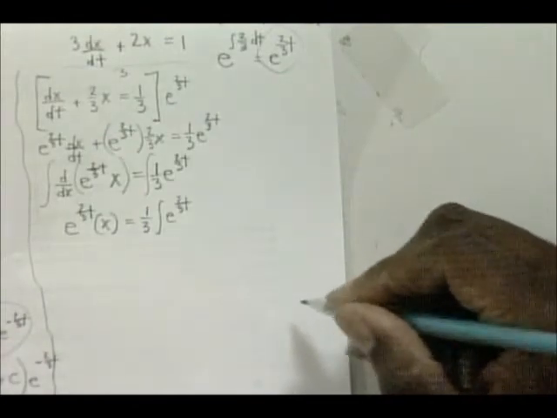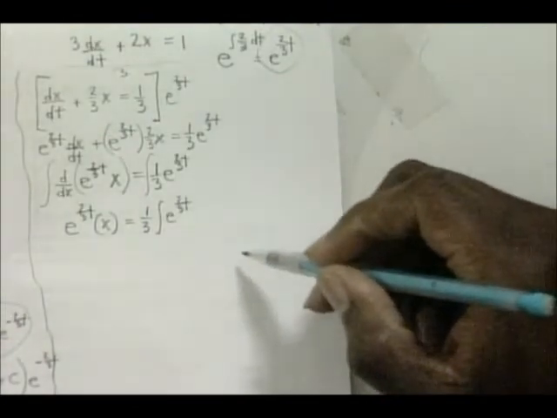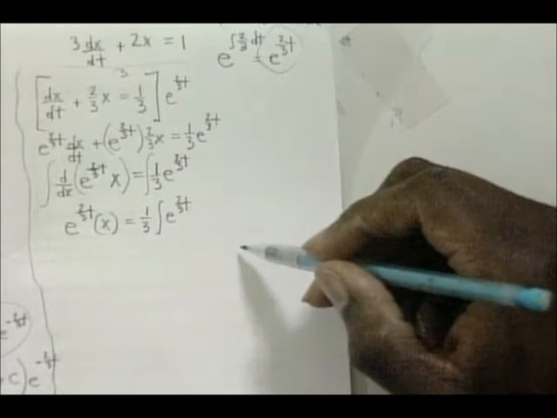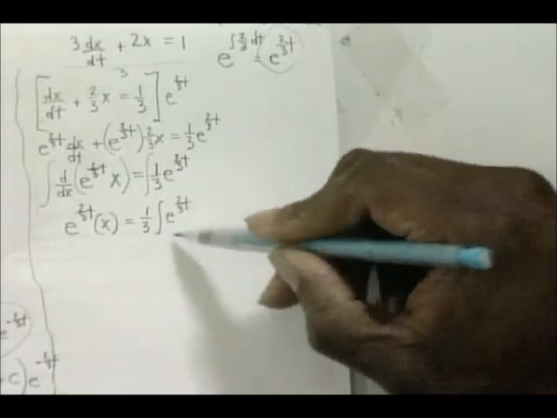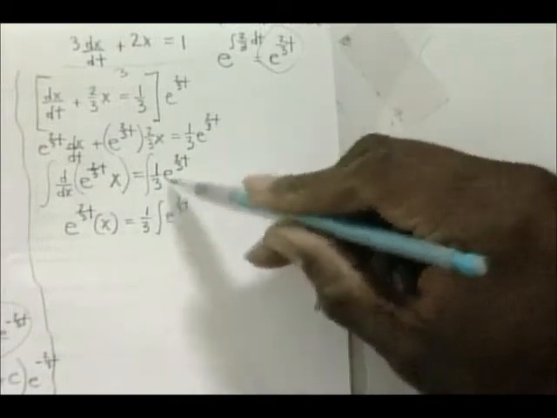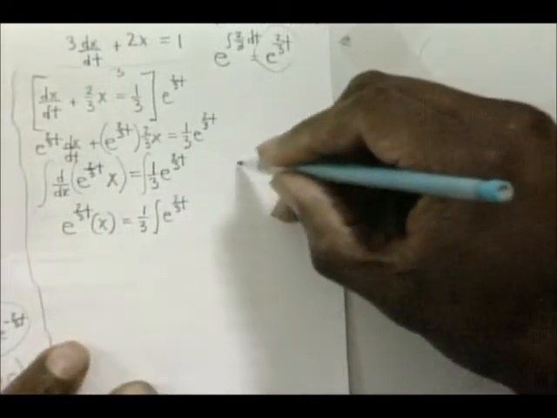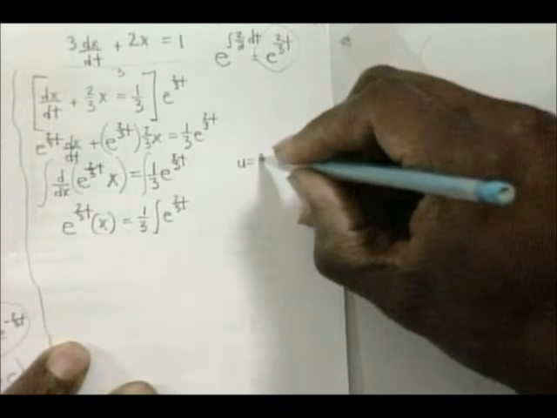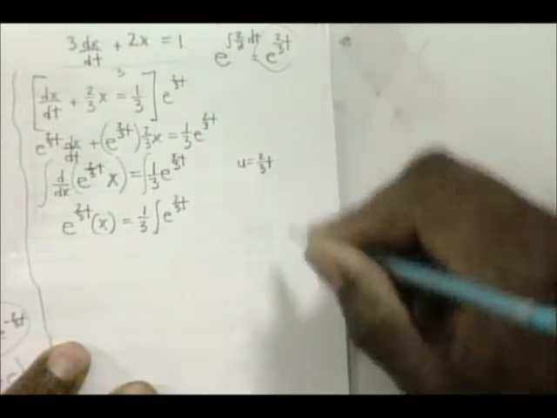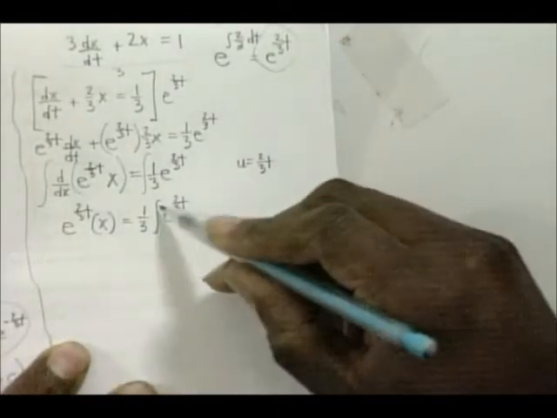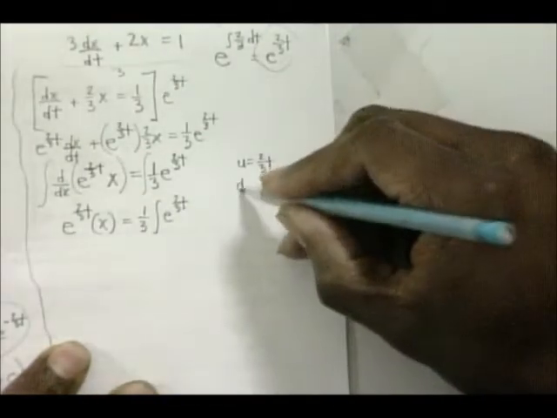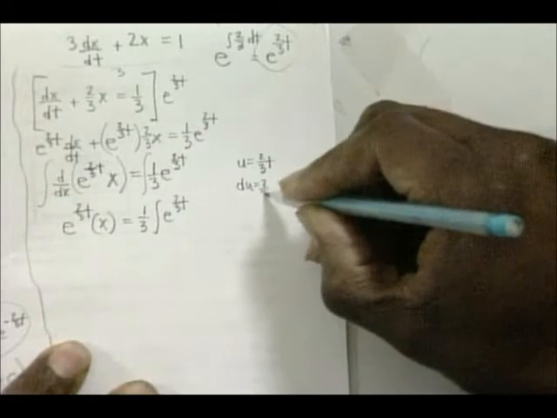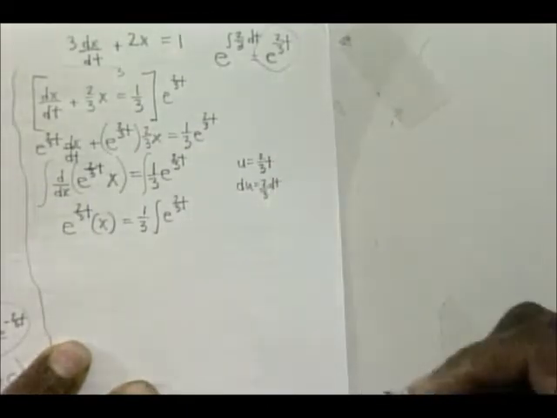And now again, we end up having to take the antiderivative. We end up with u is equal to 2/3 t. We're using the technique of u substitution. du is 2/3 dt.